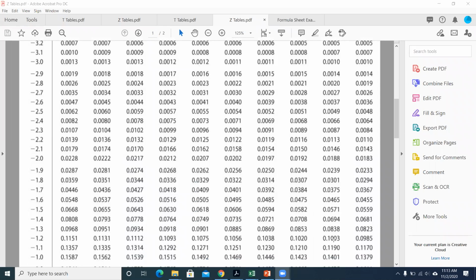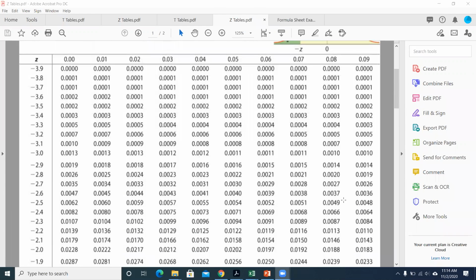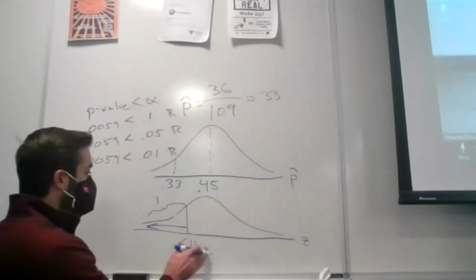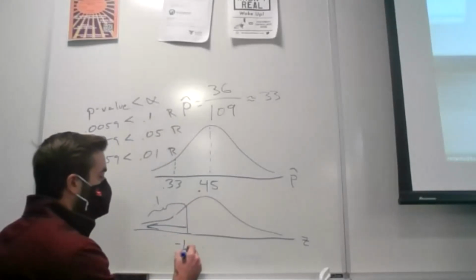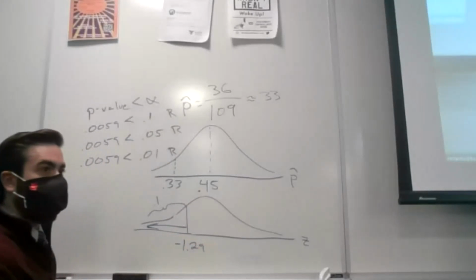Oh, where's the closest? Looks like in between these two. So negative 1.28 and negative 1.29. We'll kind of take the higher of the two or round that up to the highest one. So negative 1.29. Our critical value here, negative 1.29.